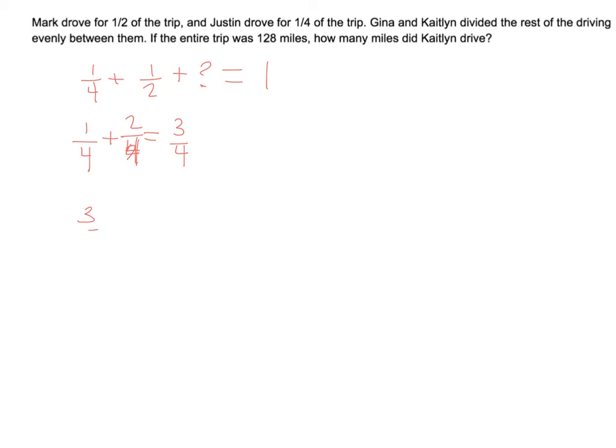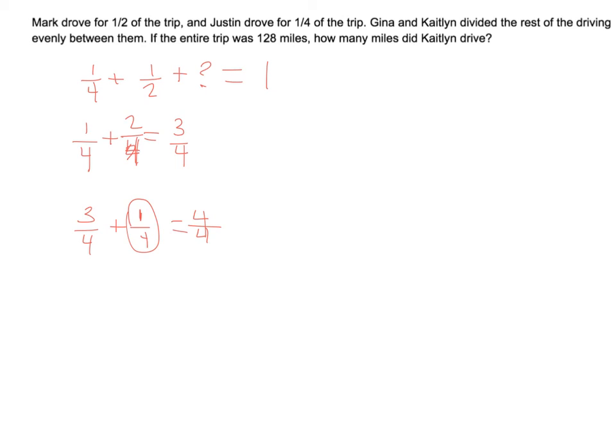So 3/4 of the trip between Mark and Justin, plus the remaining fraction, whatever that is, has to give me 1. So we need to figure out what fraction out of 4 would give me 4/4. And that, of course, is going to have to be 1.